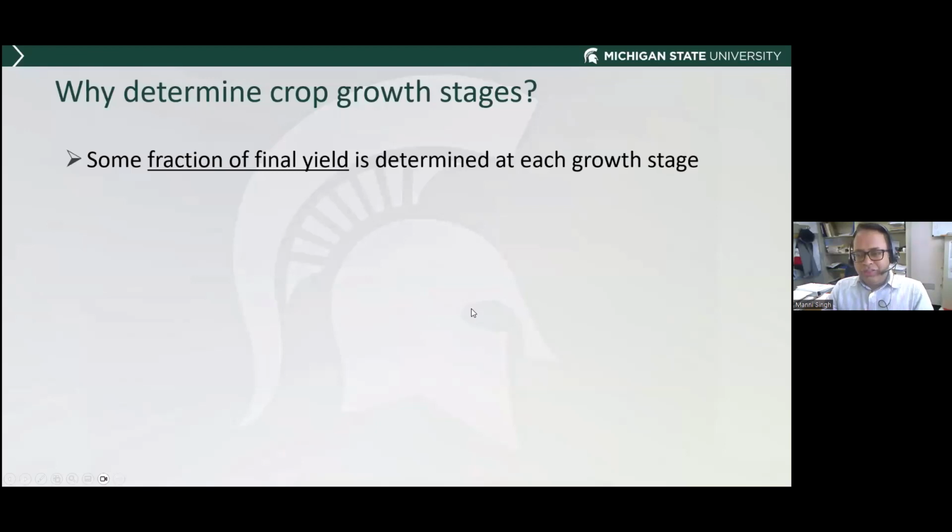All right, so let's start with why we care about determining growth stages. Our goal at the end of the day in crop production is maximizing our yield potential, right? And a fraction of that yield is determined at multiple growth stages.